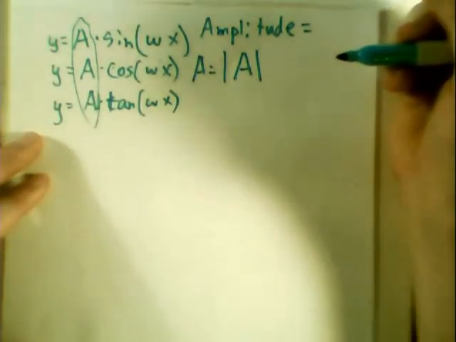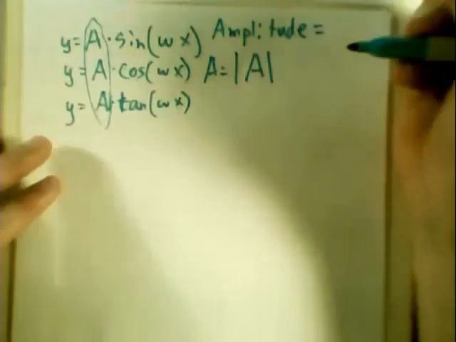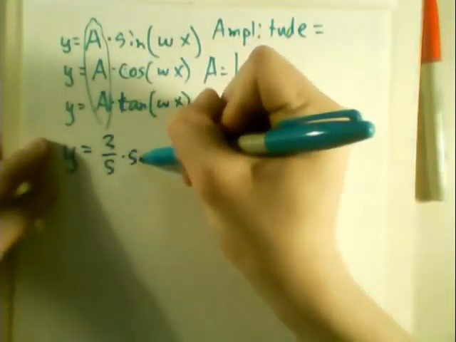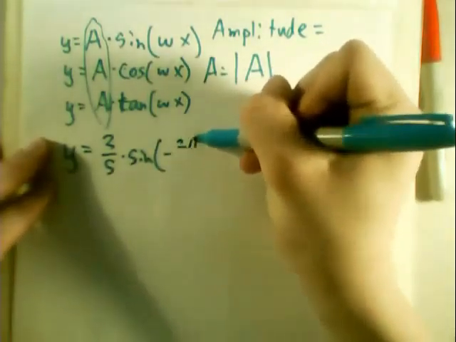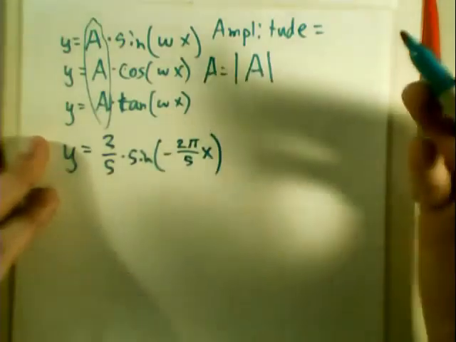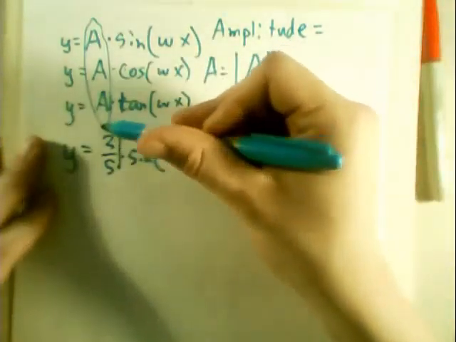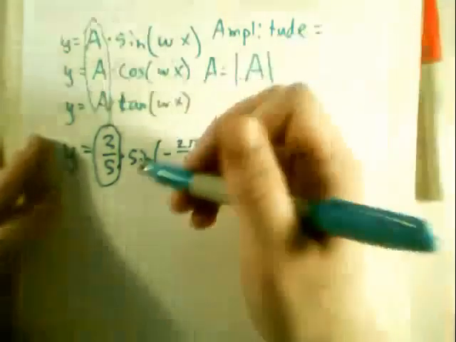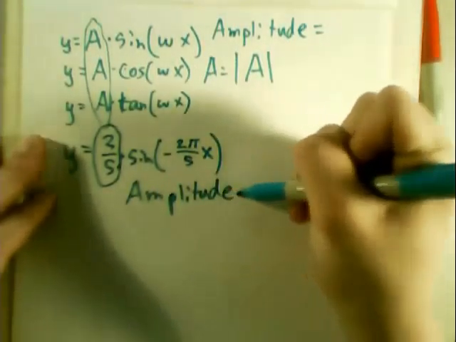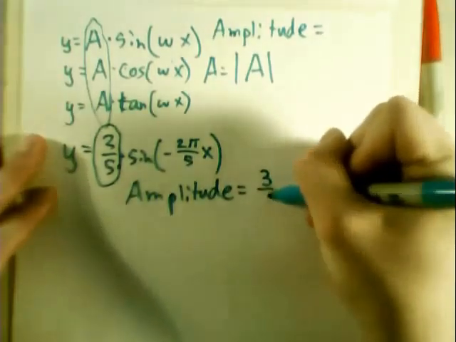So in this practice problem, I have this equation. So my amplitude will be this number, the absolute value of it. If it was a negative, then I would just make it positive, because that's what absolute value does.